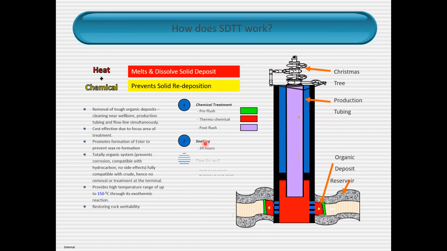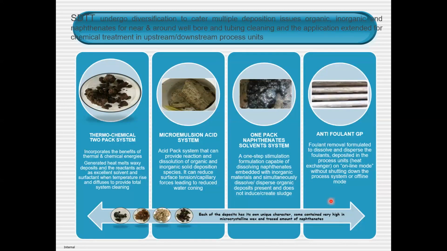You soak it for 24 hours and flow the well. See? When you start resolving the issues in the tubing itself, as well as in the near wellbore formation, you are basically melting down all the wax and asphaltene so that the crude oil can flow smoothly to the surface.